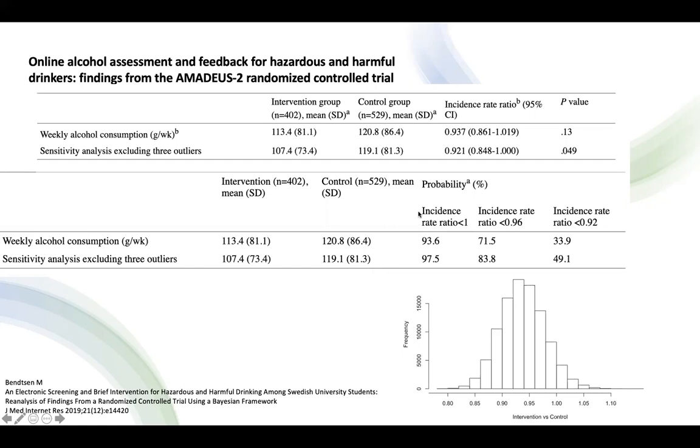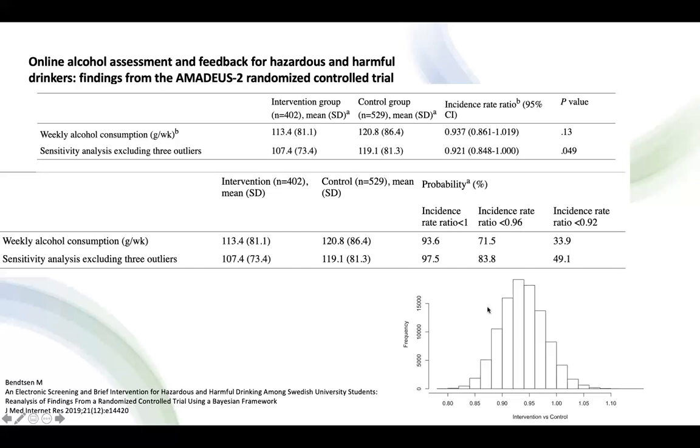So for those of you who haven't worked with this before, just think of this, that if it's less than 1, there's an effect, okay? The probability was 93.6%. That's quite useful information. What's the probability that the incident rate ratio was 0.96? Well, the probability was 71%. So a lower incident rate ratio means that the intervention had a greater effect, so lower is better.